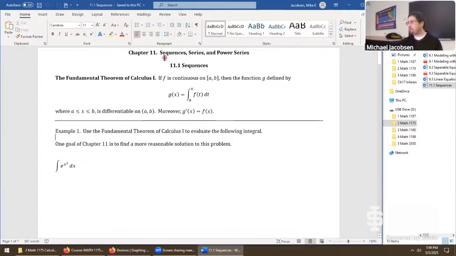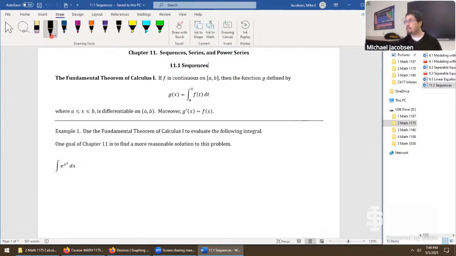Well, chapter 11 starts off with sequences. Think of sequences as being a function that's no longer continuous. Let's say it a different way. Abstractly, a sequence is a function f that maps the natural numbers, think 1, 2, 3, and so on, depending on how you define the natural numbers, to the set of real numbers.